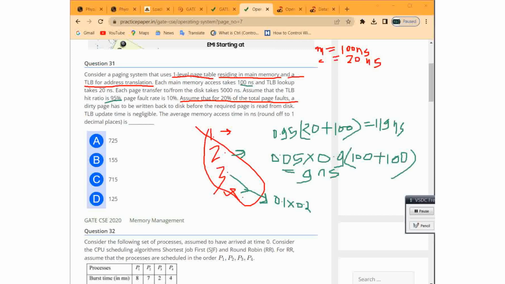Therefore, the contribution of the TLB miss and page fault to the average access time is the final calculation.